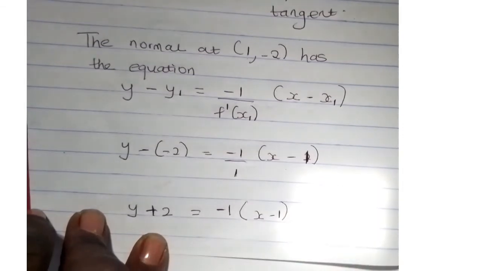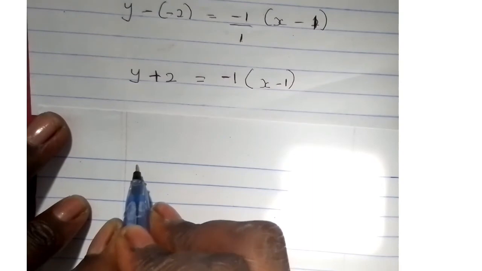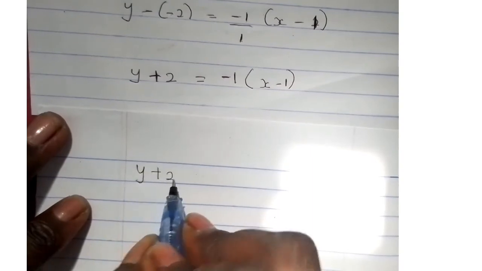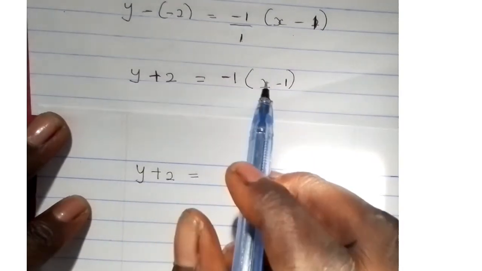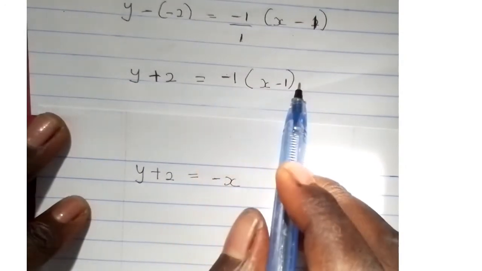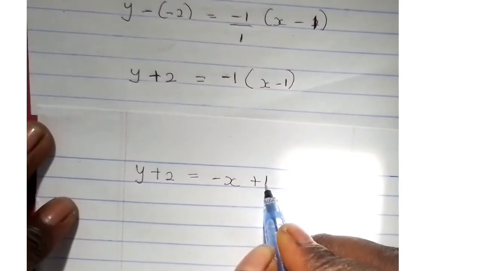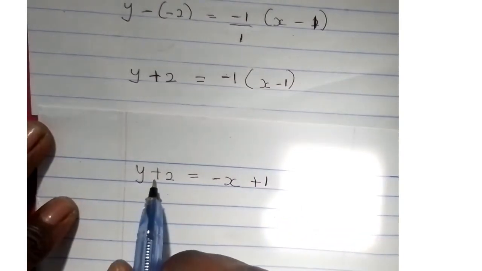Okay, we're going to multiply all through, so we're going to have y plus 2 equal to minus 1 multiply x, which gives us minus x, minus 1 multiply minus 1 gives us plus 1.